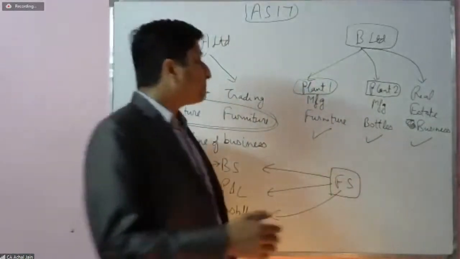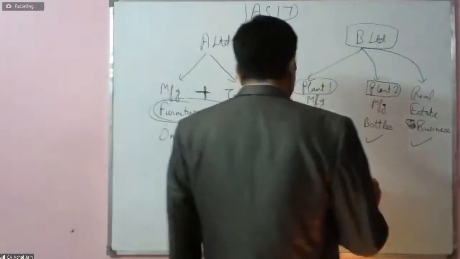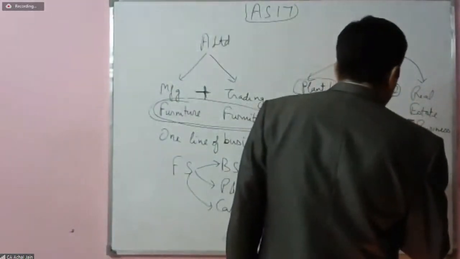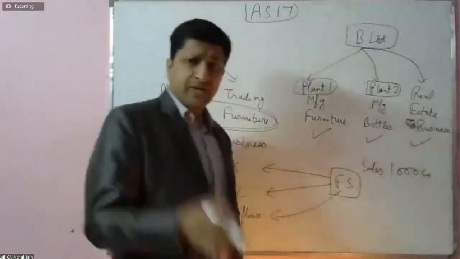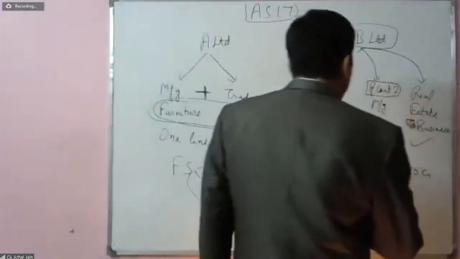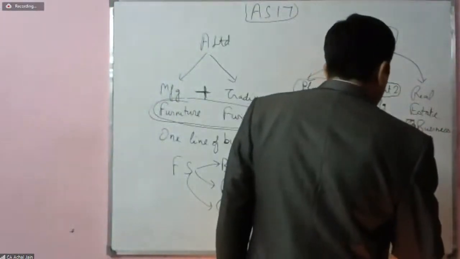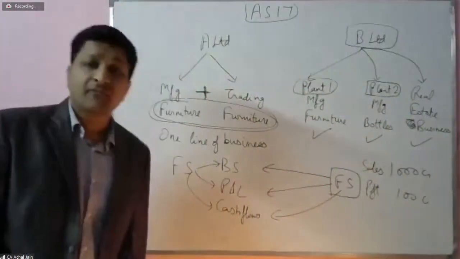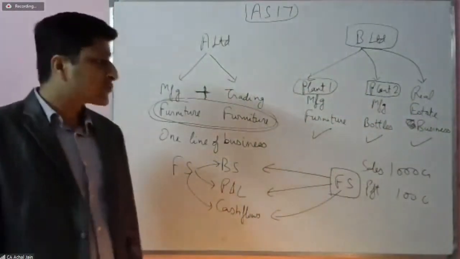Maybe the company is showing, say for example, sales of 1,000 crore. Maybe it's a large company having sales of 1,000 crore, wherein the profitability is 100 crore. So if anyone looks at the company, you will find this to be a very, very strong company.